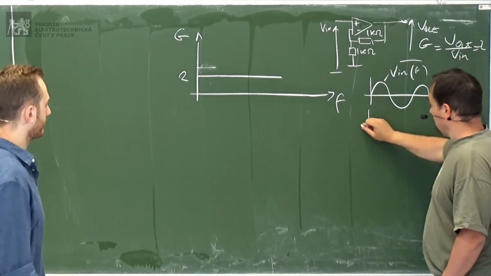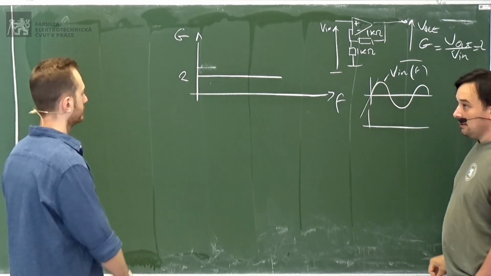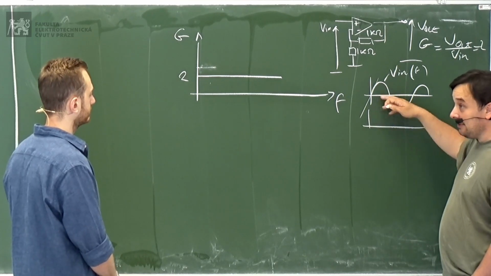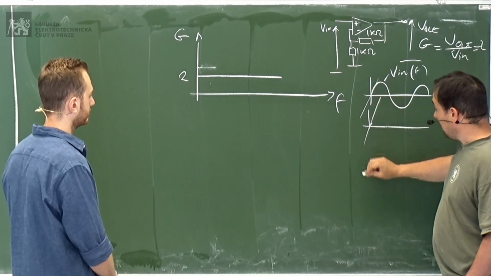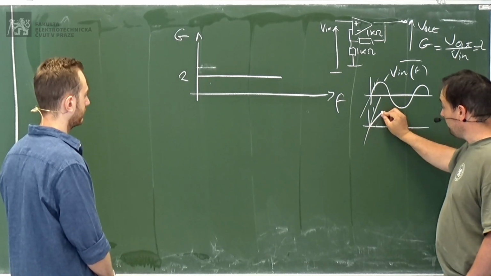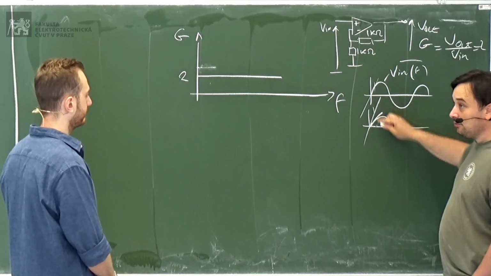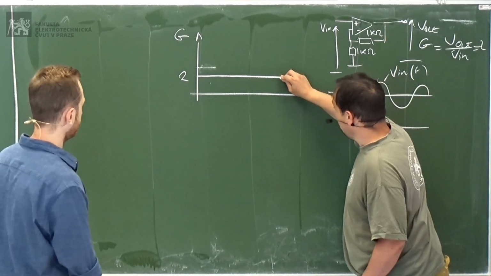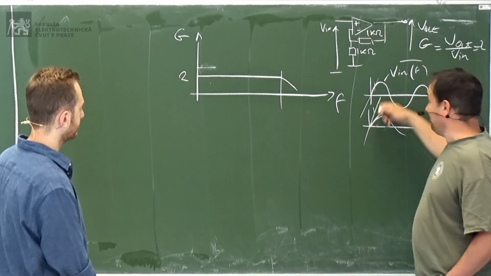Now, if this frequency requires a rate of change which is larger than the rate of change of the output, which should now change with the same rate as the input, but the maximum slew rate is this one, so it is not able to reach that level. Therefore the gain will decrease with frequency. At some point, it's not fast enough to follow the input.